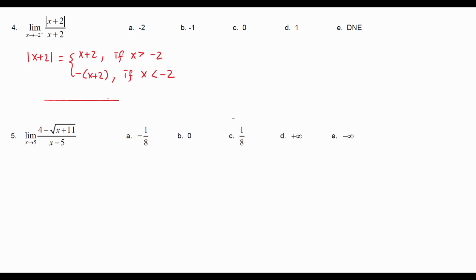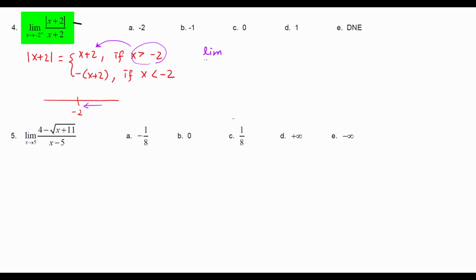And right now, this is where -2 is, and x is approaching -2 from the right. And from the right, all the x's are bigger than -2. And because it is greater than -2, I have to apply this function when you get out of absolute value.